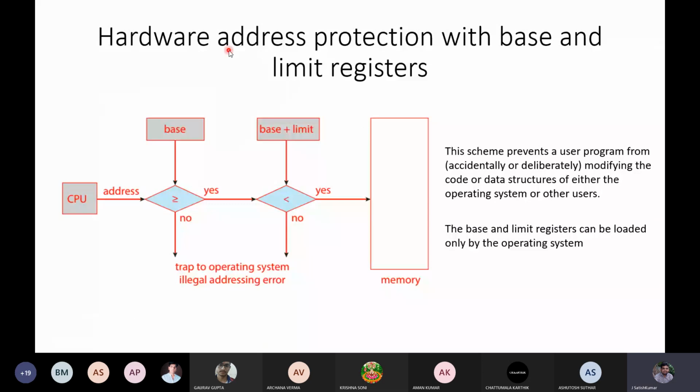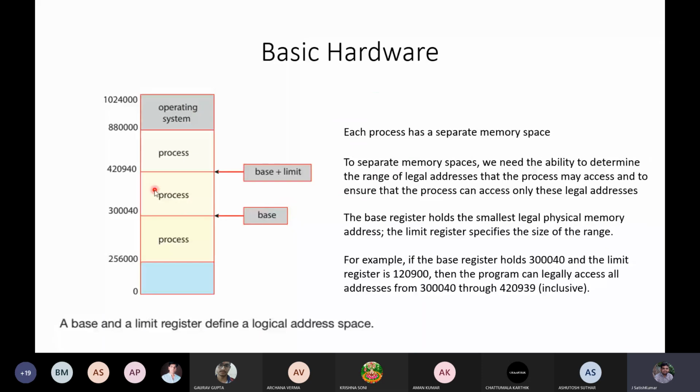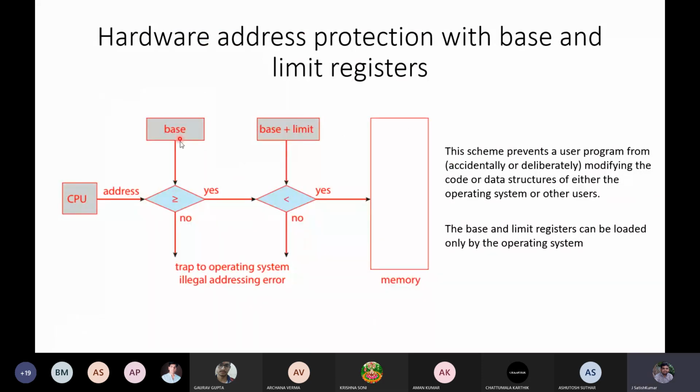To protect the hardware addresses using base and limit, whenever the CPU generates an address, it should be greater than or equal to base and less than base plus limit.